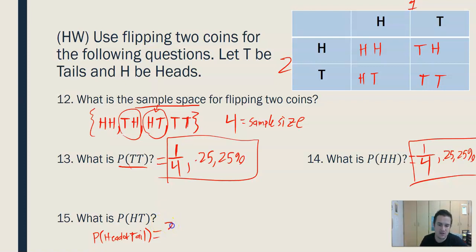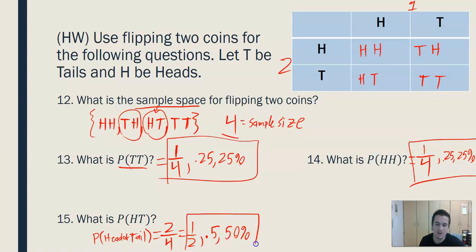That would be 2 options for a head and a tail divided by 4 total possible outcomes. 2 divided by 4 reduces to 1/2, which is 0.5 or 50%. So the probability of rolling a head and a tail in whatever order is 0.5, 1/2, or 50%.